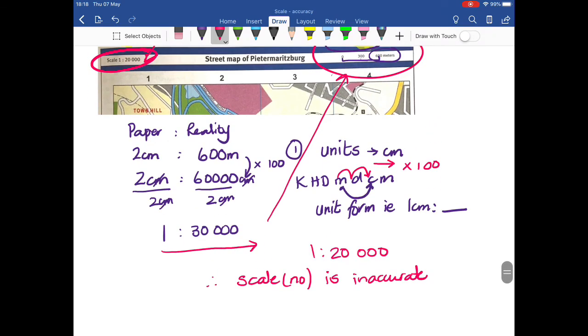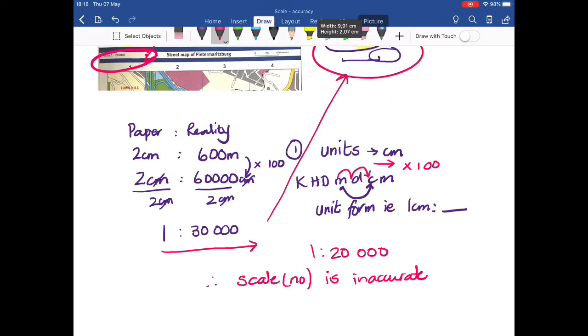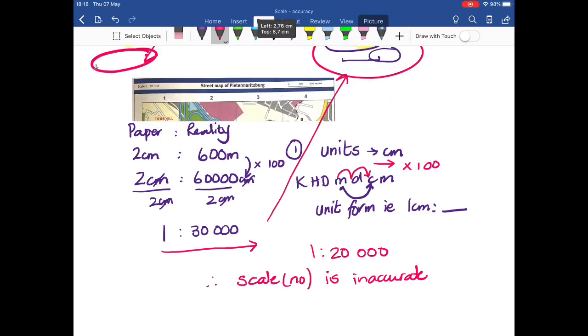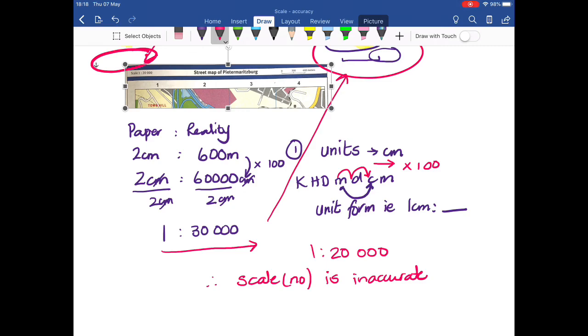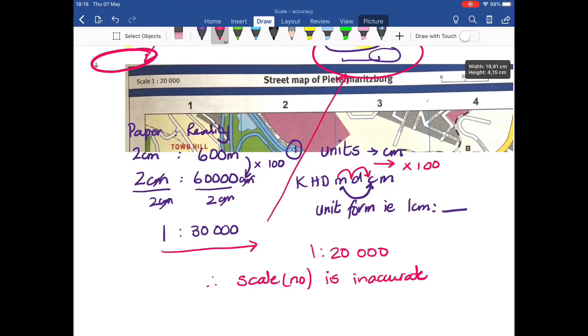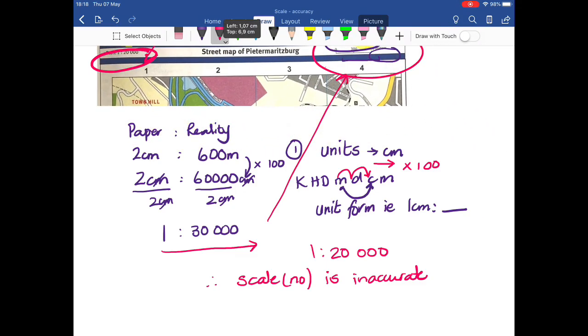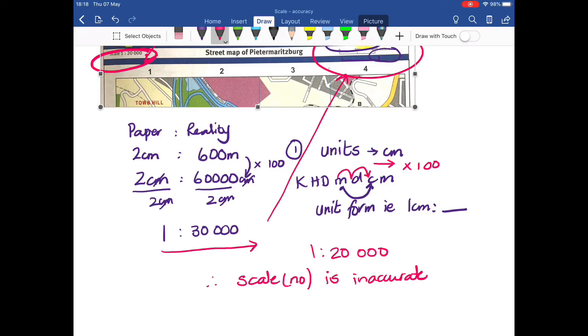Well, the bar scale is always the accurate one, because as we, and I'll show you here, as we reduce our map, you can see that this has reduced in proportion, but the number just remains the same. So that is why your bar scale is the accurate scale.